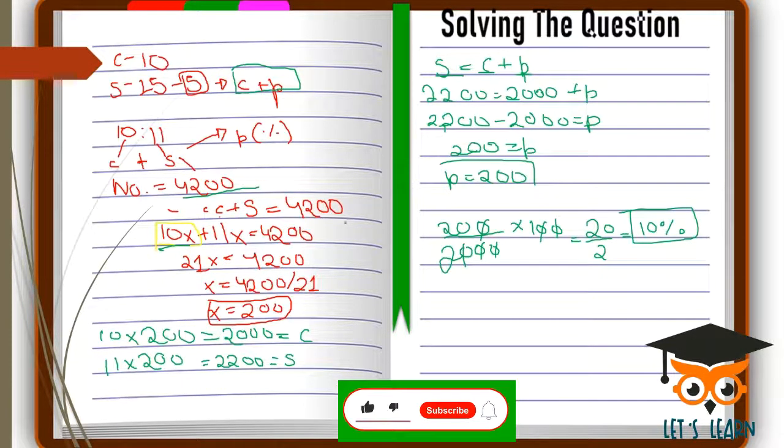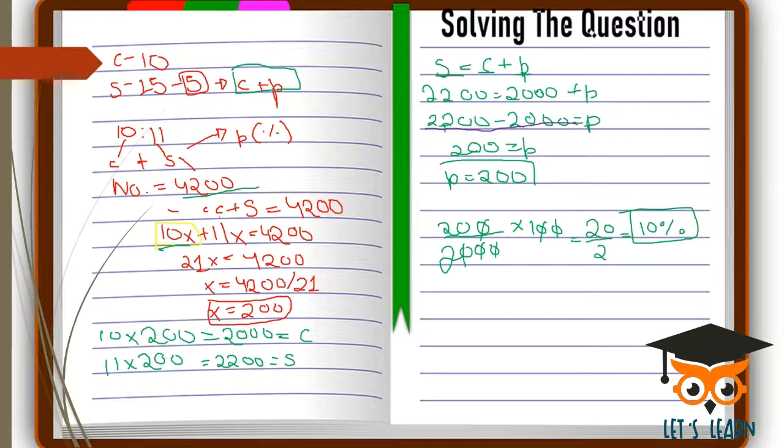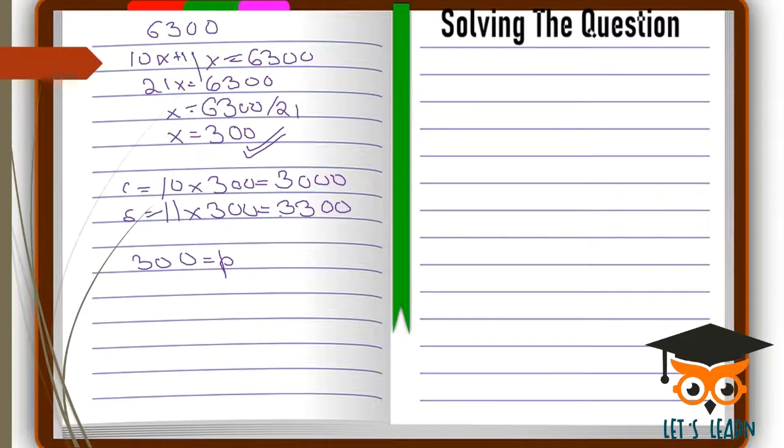You can see over here that we have just taken the difference of selling price and cost price, and we get 300 as the answer. So 300 is the profit. Now the percentage will be what?